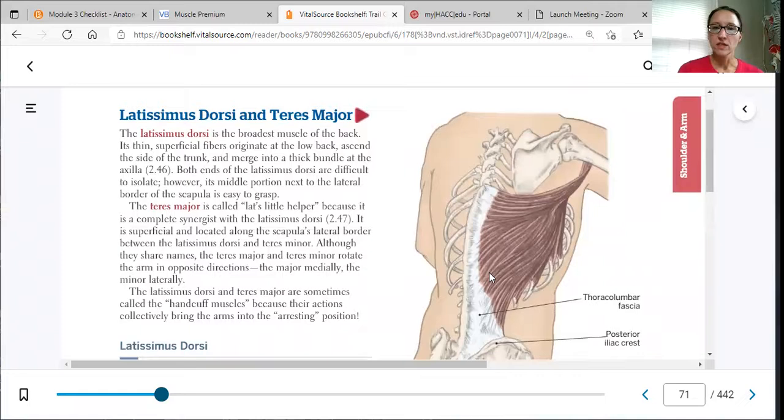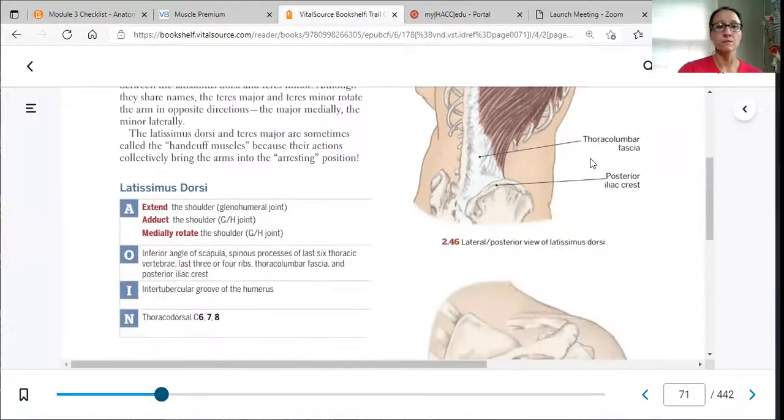Okay, the muscle then comes up this way in a diagonal all the way up to the humerus, right? You can see that right there. It makes a little bit of a twist and inserts on the anterior humerus at the intertubercular groove of the humerus.